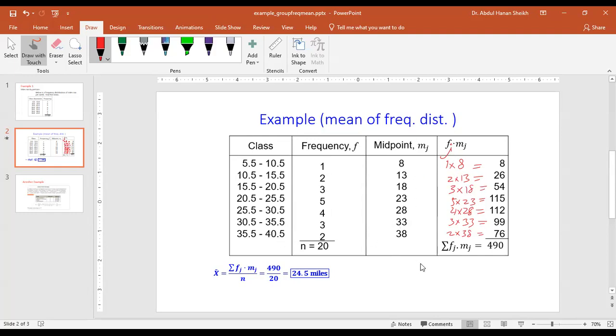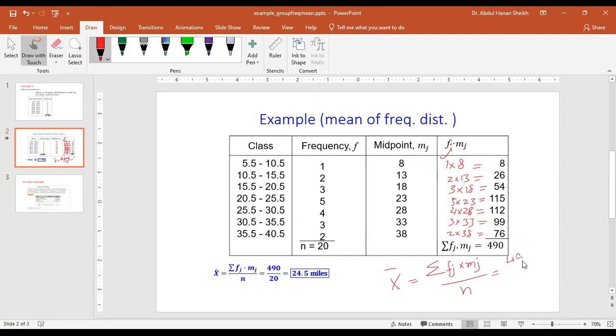And the midpoints are, I hope, all correct. So the sum of all these multiplications is 490. Now the mean, which is x bar, is equal to the sum of f_j times m_j, which is already computed here, divided by n, the total number of occurrences, or the sum of all frequencies.